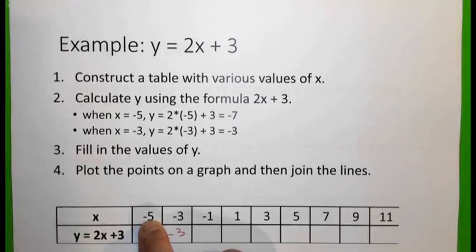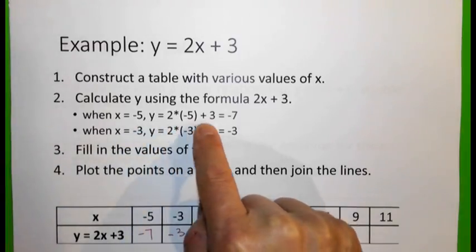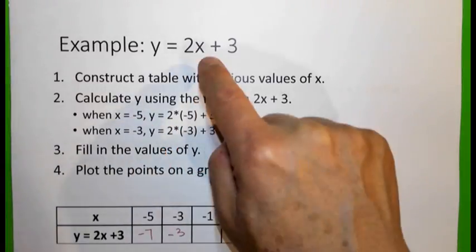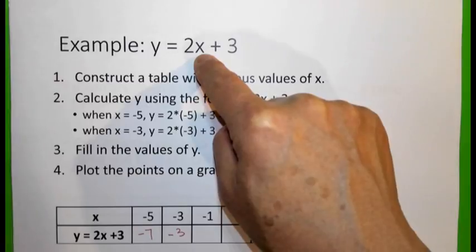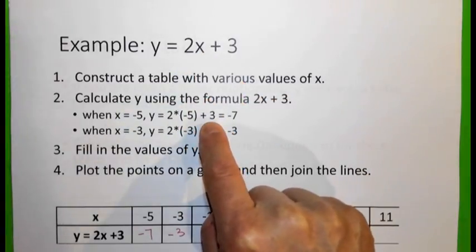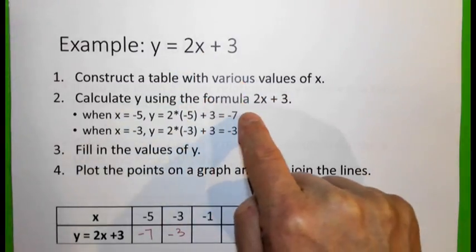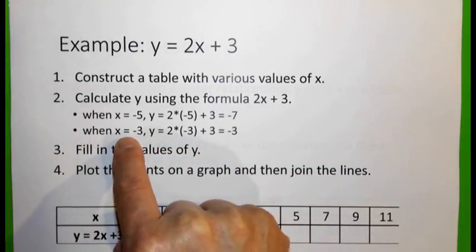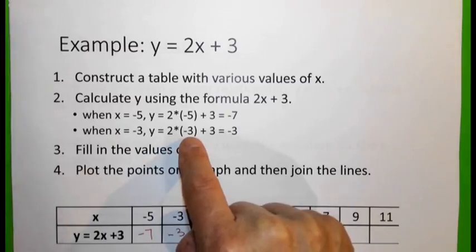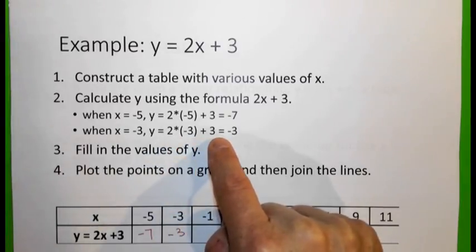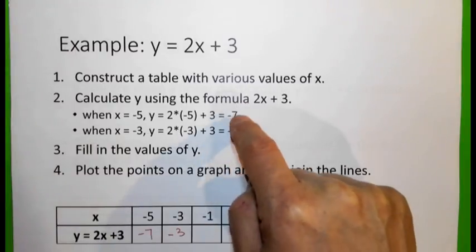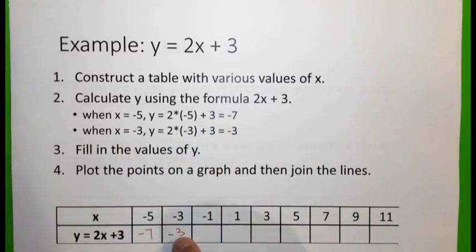When x equals minus 5, we can work out y equals 2 times minus 5, because minus 5 is substituted into this equation, plus 3, which is minus 10 plus 3 gives us minus 7. When x equals minus 3, y equals 2 times minus 3 plus 3, which equals minus 3. So we fill in these numbers into this table.